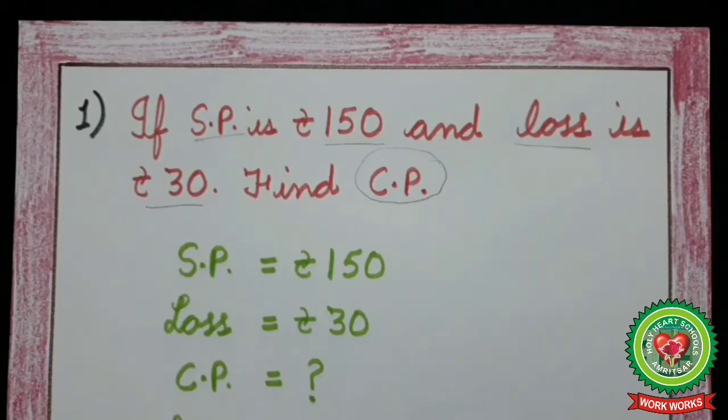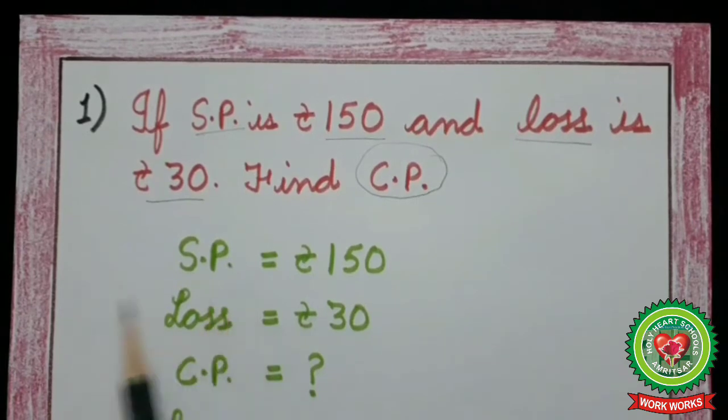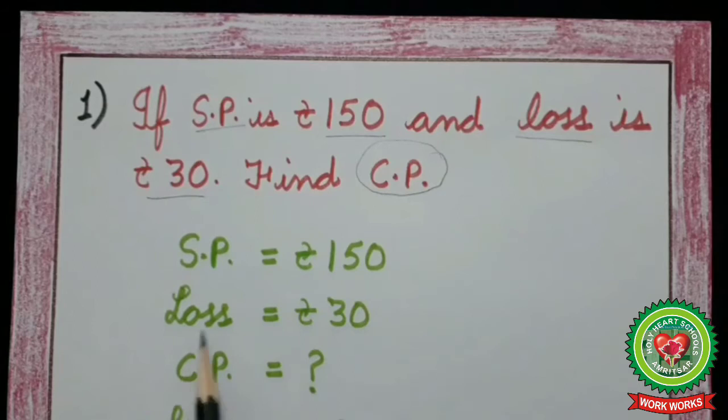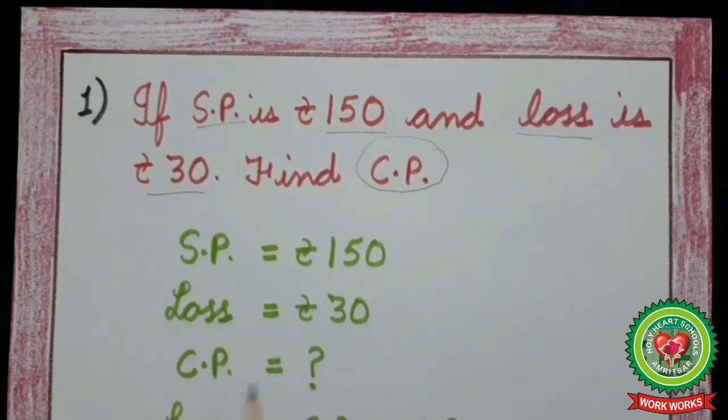Whatever is given to us, we will apply the formula of that. Firstly we will write whatever is given and what we need to find. SP is equal to rupees 150, loss is equal to rupees 30. We need to find CP, so CP is equal to question mark.